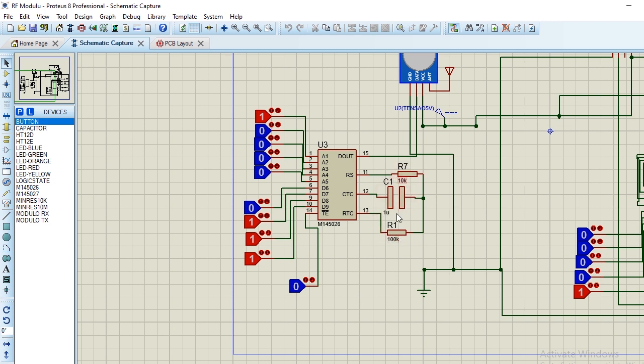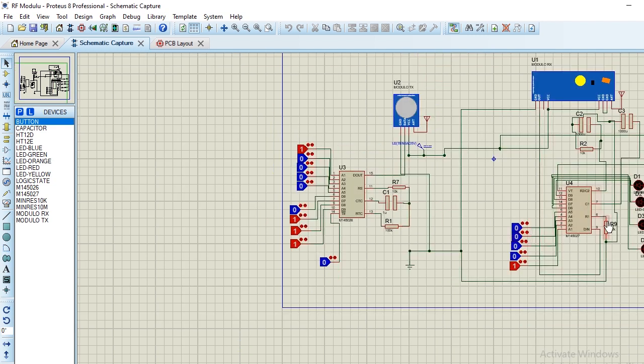The value matters. The output signal from this encoder will be fed into the data input of this transmitter module. So there's not much to talk about on the encoder.